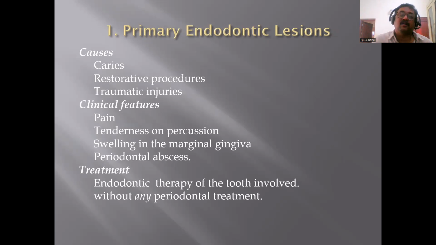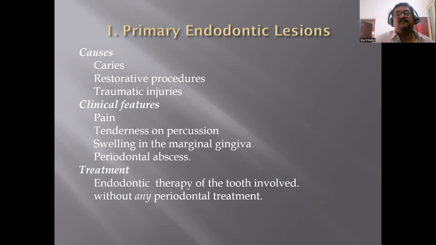Or it can be a deep restoration, or when there's secondary caries around the restoration, or when there is a restoration without an adequate base, or a restoration which has irritated the pulp, causing an endodontic problem.